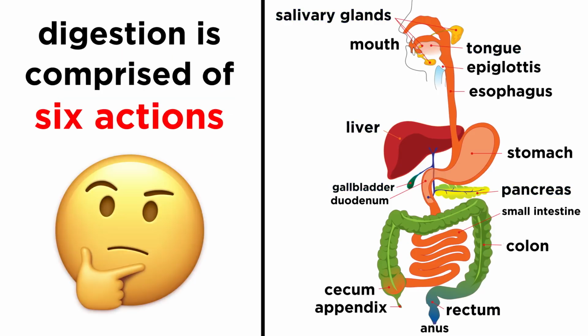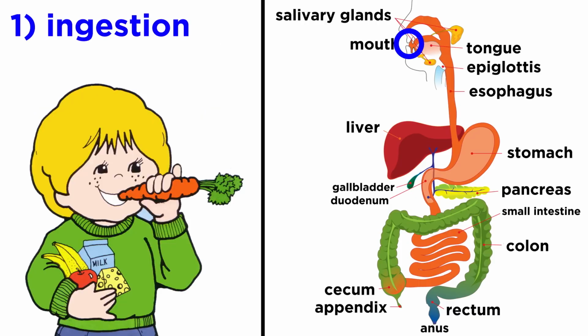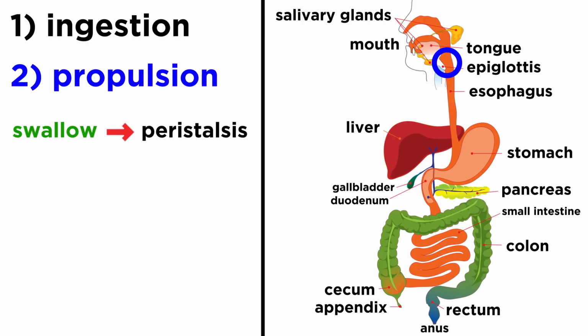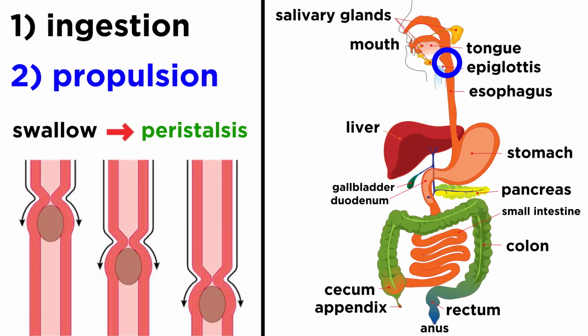All of these components work together to produce a sequence of 6 actions. First, ingestion. This is the basic act of eating, meaning putting food into your mouth. Next is propulsion. This begins when you swallow the food and continues with involuntary peristalsis, which is part of the autonomic nervous system.